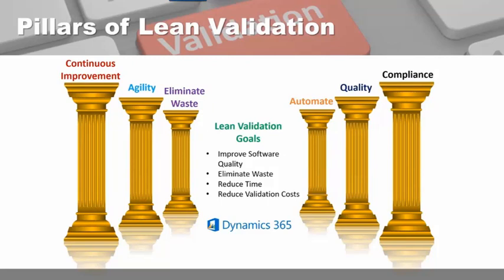If we can bring these things together, they will help us improve software quality, which is really what validation is all about. It'll also help us eliminate waste, reduce the time it takes for validation, and reduce validation costs. Now, what kind of waste am I talking about with respect to validation?